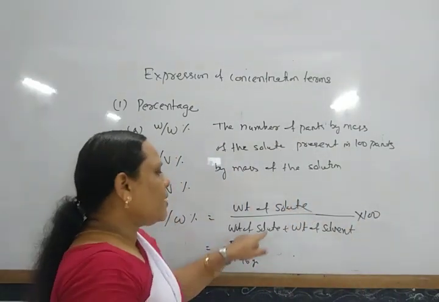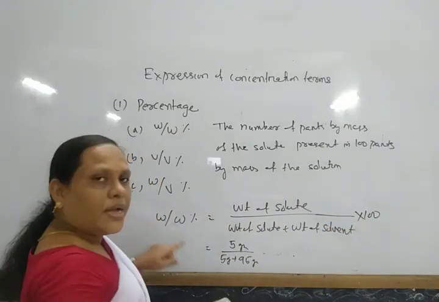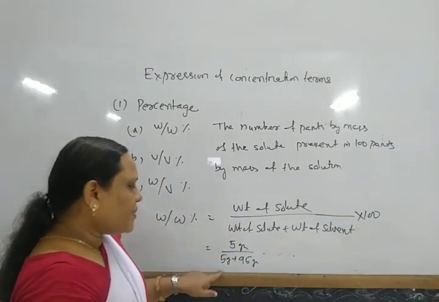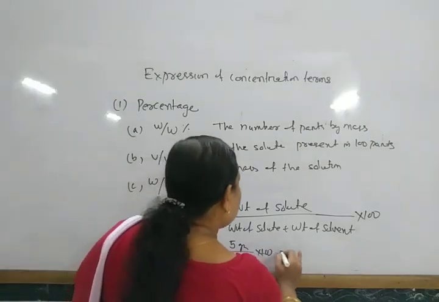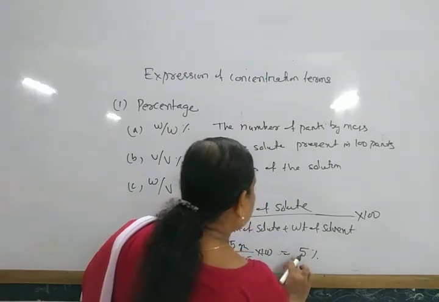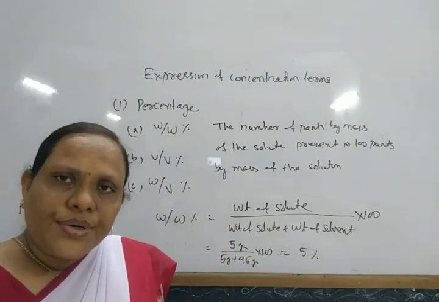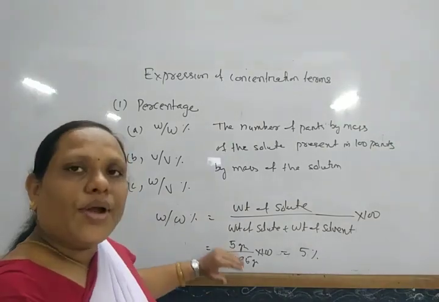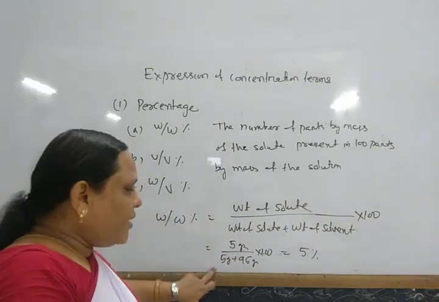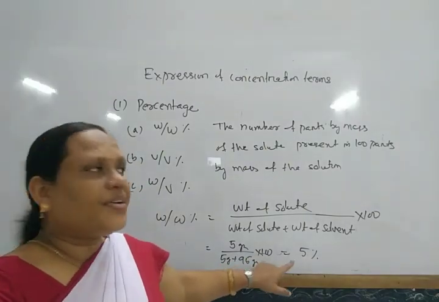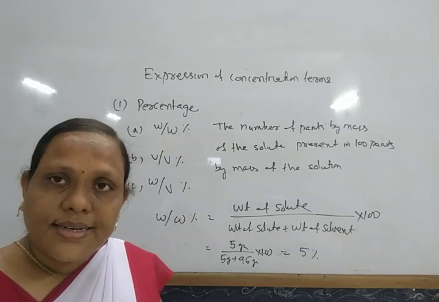Weight of solute by weight of solute plus weight of solvent into 100, that is your weight by weight percentage. So 5 gram by 5 plus 95 gram into 100 is equal to 5%. That means weight of solute divided by weight of solution, that is solvent plus solute, into 100, is known as weight by weight percentage.